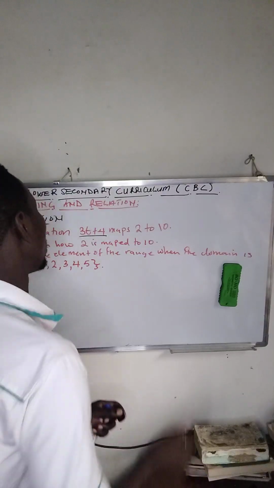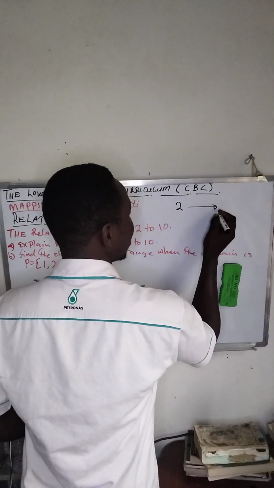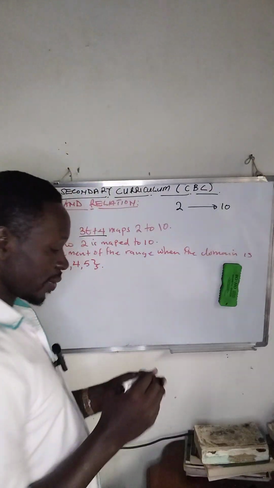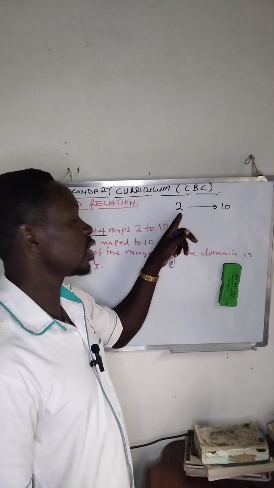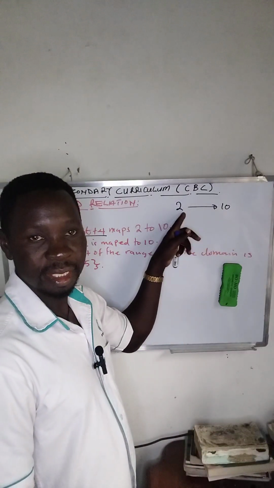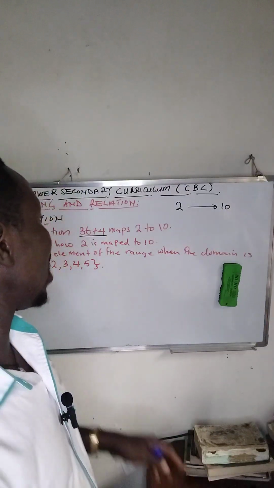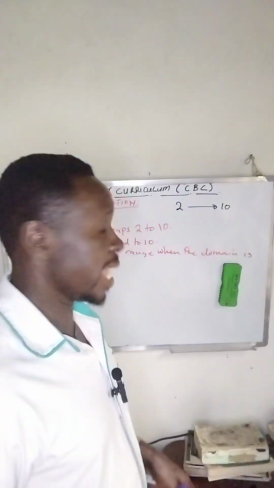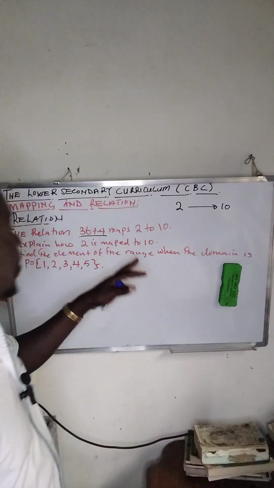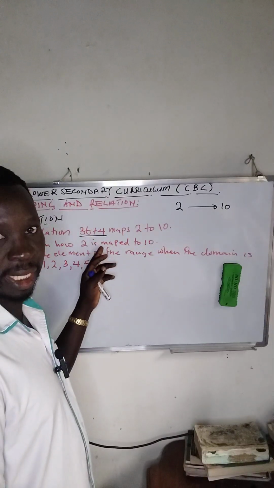It means when you look at this, 2 is related to or is mapped to a 10. But how does this 2 come to be a 10 altogether? A 2 is mapped to a 10 using this relation.